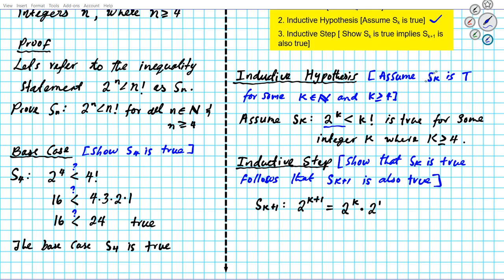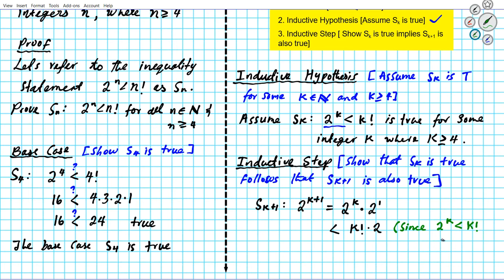Since 2 to the k is less than k factorial, it automatically follows that 2 to the k times 2 is going to be less than k factorial times 2, using our inductive hypothesis.